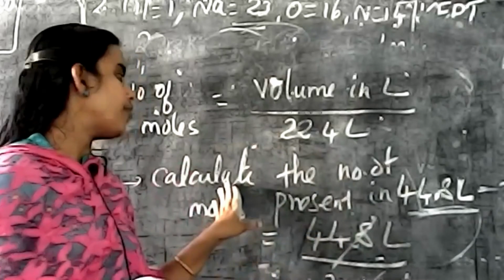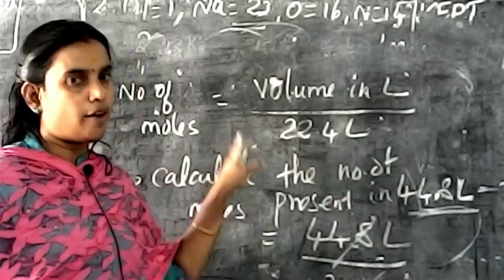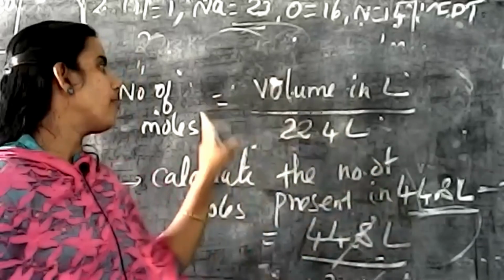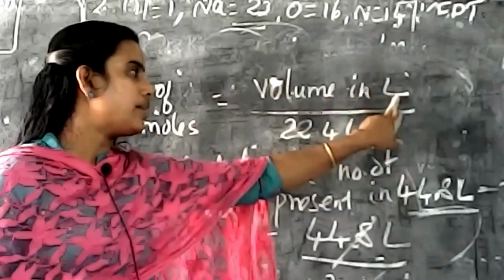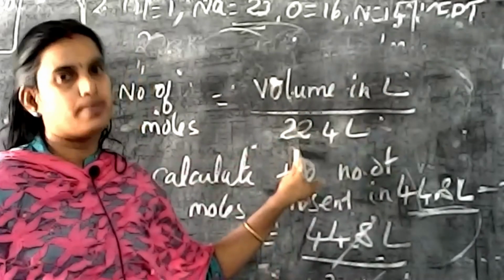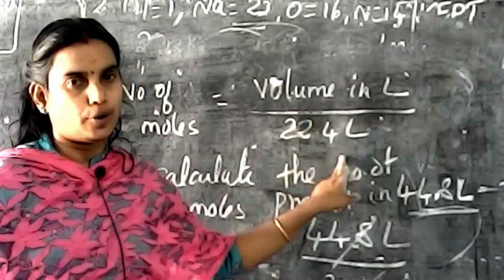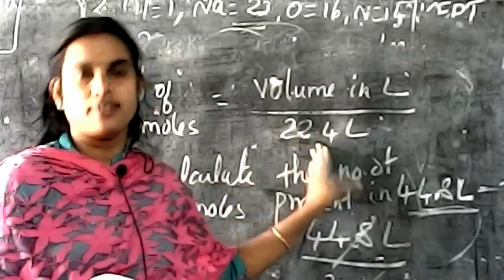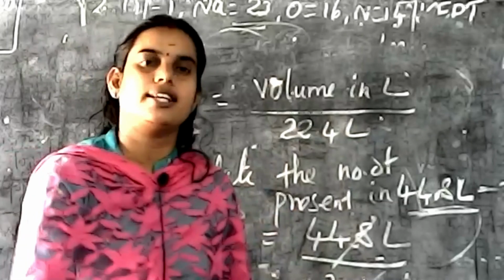Final formula: when the question contains liter, we can use number of moles equals volume in liter by molar volume, where 22.4 is the standard value for molar volume. Balance and the rest we will see in the next class. Thank you.